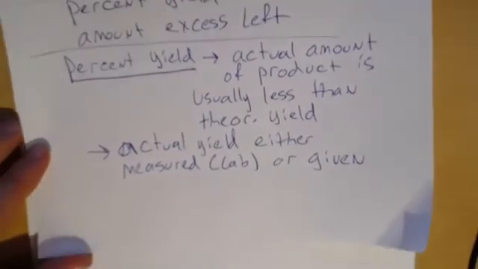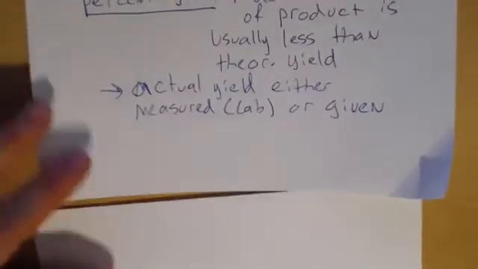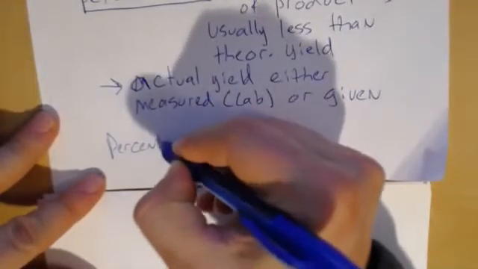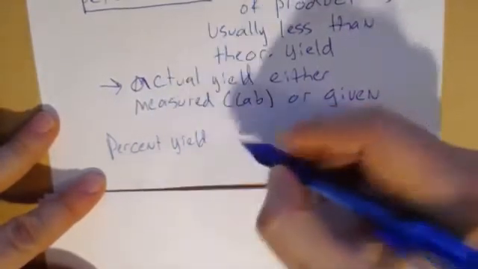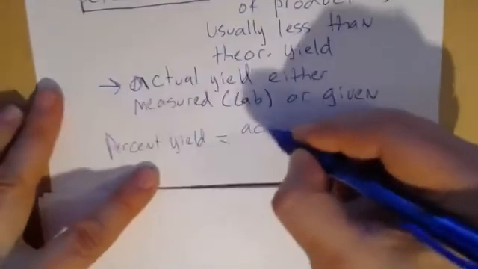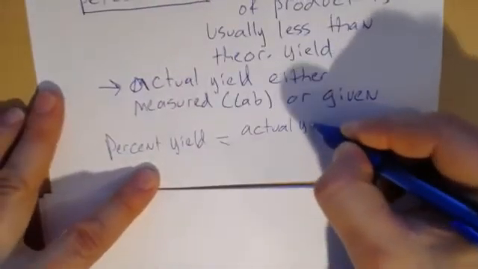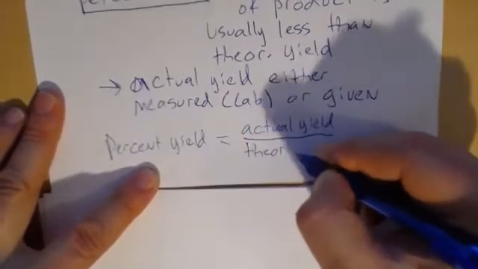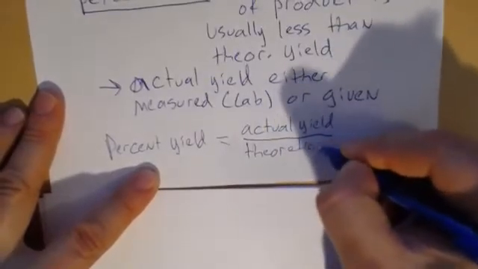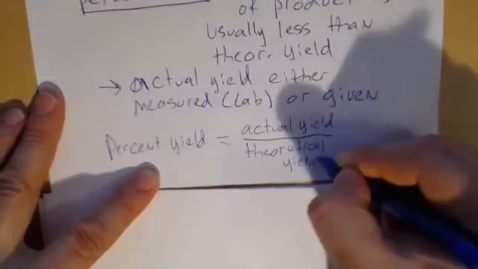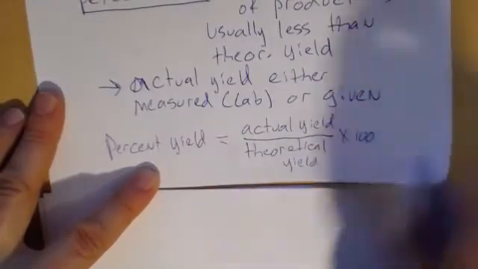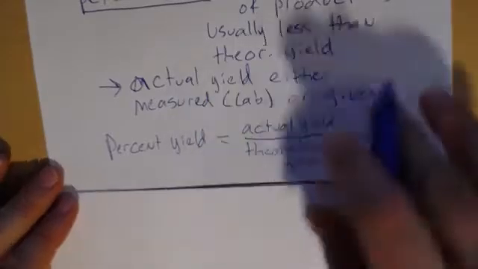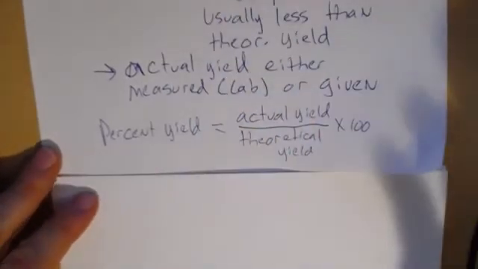And so in that case, again, the percent yield is equal to the actual yield divided by the theoretical times 100. So the actual yield has to be given.